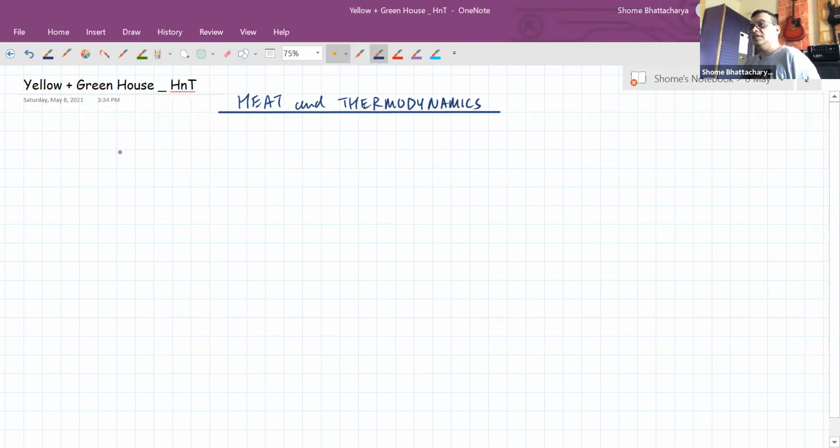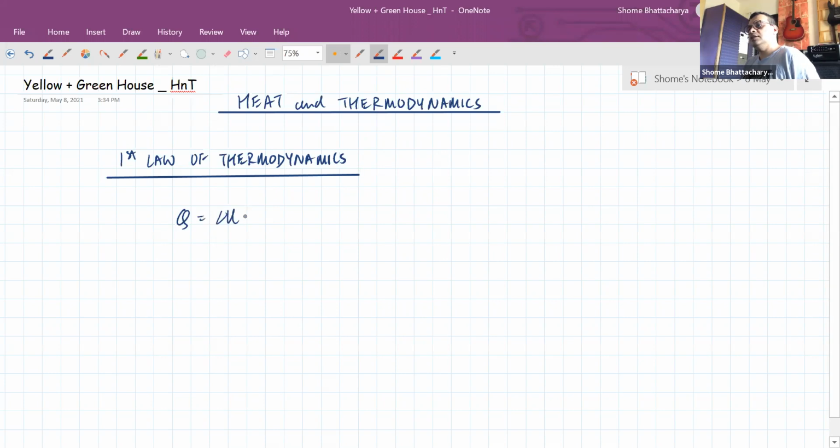Okay, so we had seen the statement of first law of thermodynamics last time, wherein we understood that in any thermodynamic process for an ideal gas, the net heat supplied is equal to the change in internal energy plus the work done by the gas.